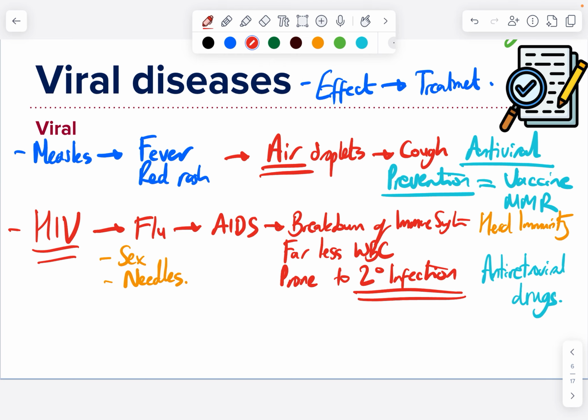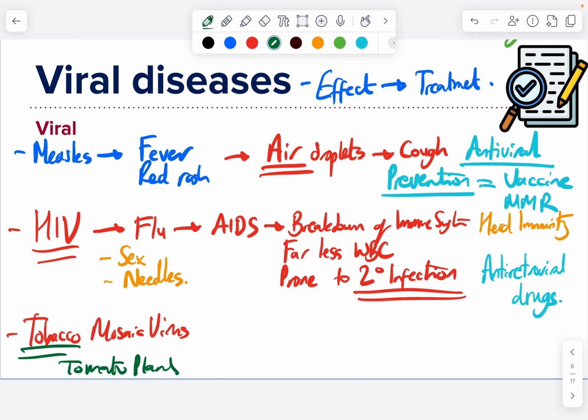And the final one is tobacco mosaic virus. Tobacco is a type of plant. In particular, we could be talking about tomato plants. If this is my tomato leaf, what happens is you get a mosaic pattern of black, so these black spots.